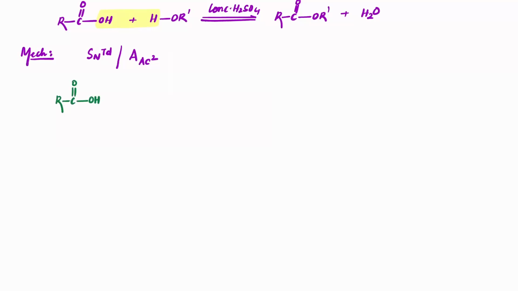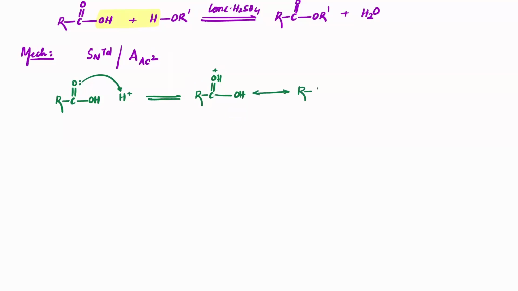the minute you push H plus into the solution, the lone pair from this oxygen will take this H plus and convert into RC double bond OH plus and OH here. You might ask, sir, why only this one? Why not the alcohol oxygen taking it? Simple reason: if the H plus is taken here, notice it carefully, it gives an equivalent resonating structure.